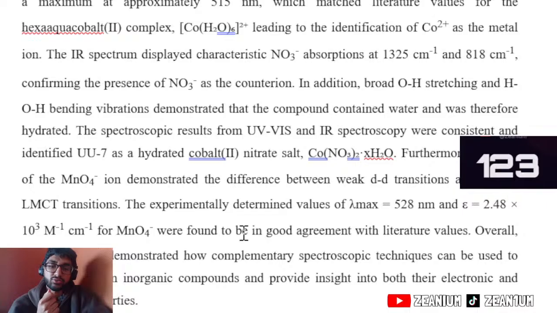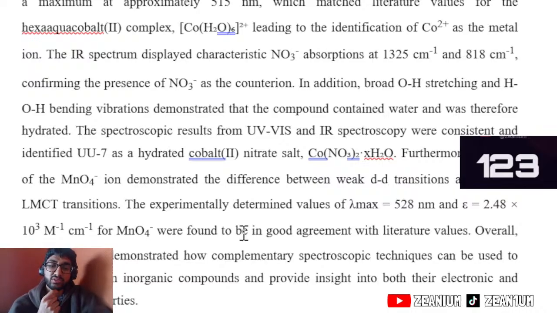The IR spectrum displayed characteristic nitrate absorption at 1000, confirming the presence of nitrate as the counter ion. In addition, broad OH stretching and water bending vibration demonstrated that the compound contained water and was therefore hydrated. The spectroscopic results from UV and IR spectroscopy were consistent and identified U7 as a hydrated cobalt(II) nitrate salt.